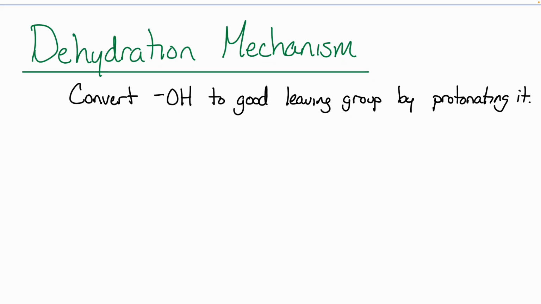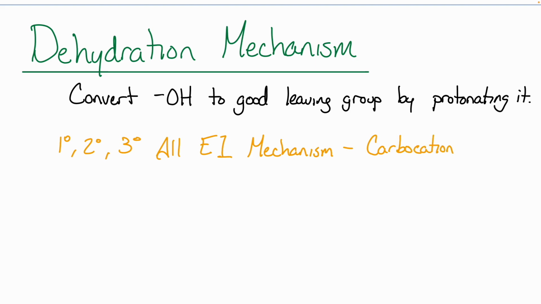Okay. So some textbooks distinguish between our mechanism for primary and secondary versus tertiary. But I'm going to tell you, I've done these reactions a ton in the lab, and they're not worth distinguishing. The bottom line is primary, secondary, and tertiary all undergo what are called E1 mechanisms, meaning we have a carbocation intermediate.